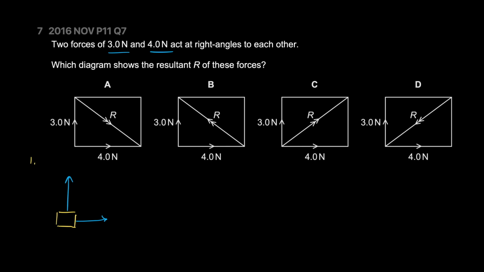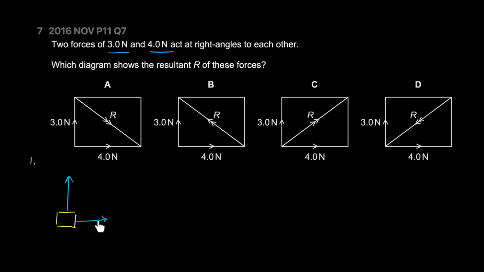Now think about it. Let's say person A is pushing this box with an effort of 4 newtons, and person B is pushing it towards the right with an effort of 3 newtons. Which way would this go? Won't it travel this way? So that's the resultant, right? And you can calculate the exact resultant if you draw a horizontal line, which is 3, depending on your scale, say 3 centimeters or 3 inches long.